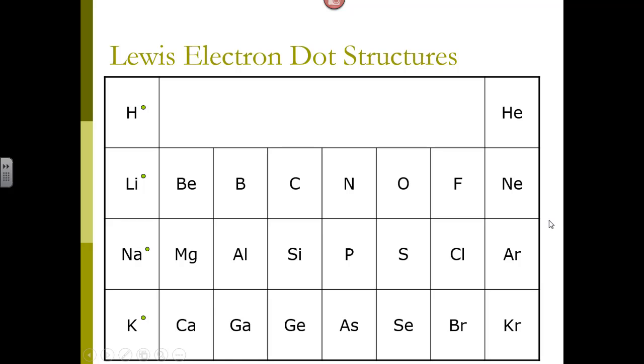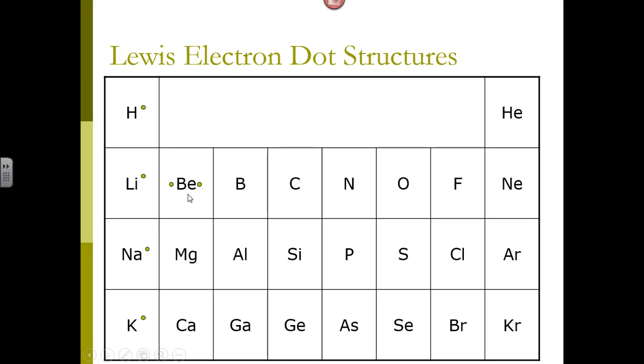Let's go on to the next column. How many valence electrons does beryllium have? Hopefully you know that's 2. Notice on this picture that I drew them on opposite sides. They don't necessarily have to be on opposite sides, but they should be on different sides. So you could have drawn one here and one on the top, or one here and one on the bottom, and so forth.